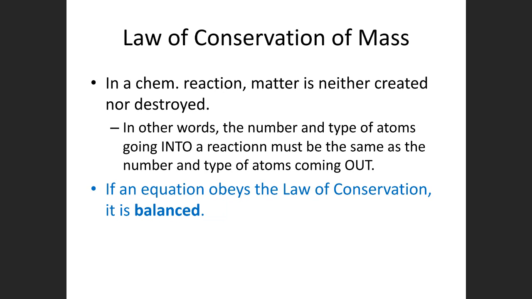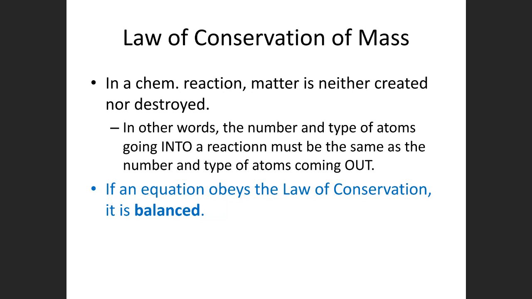Whatever chemical reaction we do, maybe we will find a new product, but the number of each element, each ingredient, is the same. So that is what we say here: in a chemical reaction, matter is neither created nor destroyed.